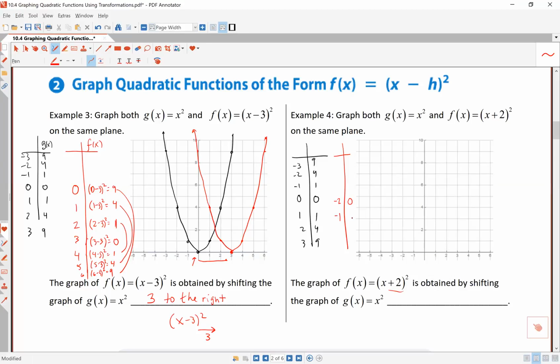Negative 1 plus 2 is 1, squared is 1. 0 plus 2 is 2, squared is 4. And 1 plus 2 is 3, squared is 9. Negative 3 plus 2 is negative 1, squared is 1. And negative 4 plus 2 is negative 2, squared is 4. And negative 5 plus 2 is negative 3, squared is 9.